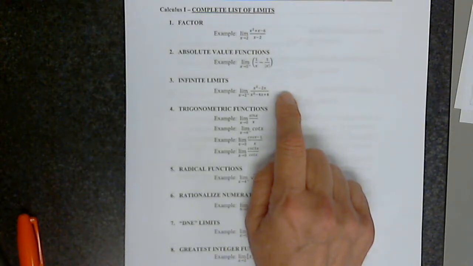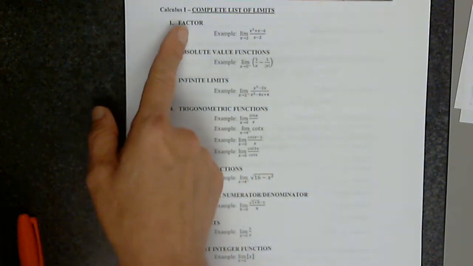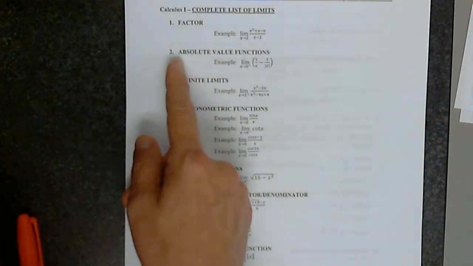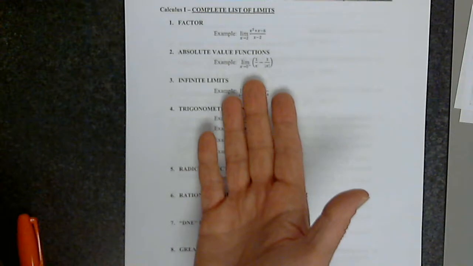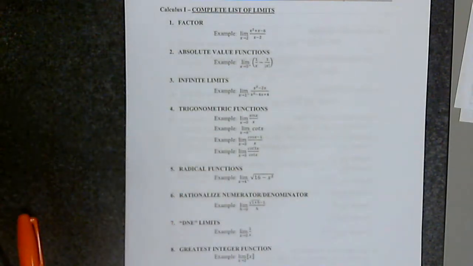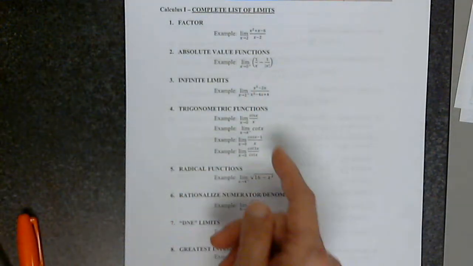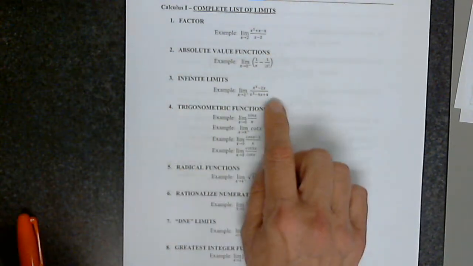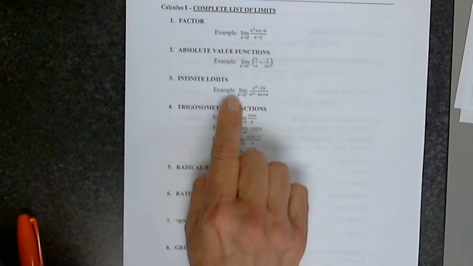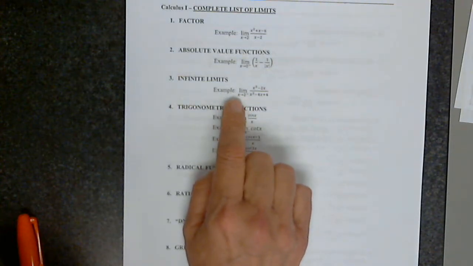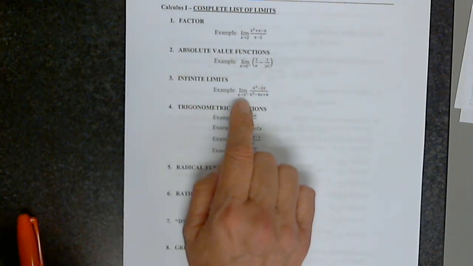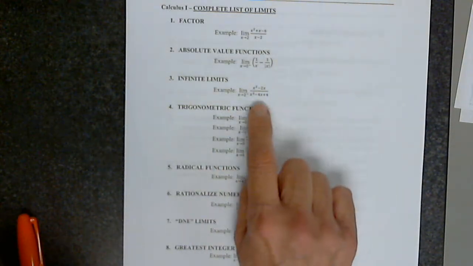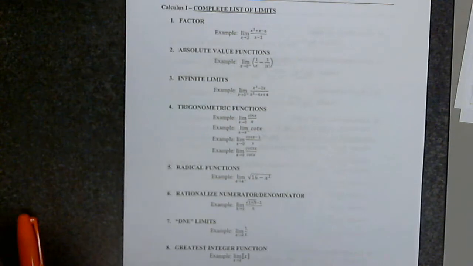Or a vertical asymptote. So this is just factoring a limit, the top and bottom in a limit. Here is just looking at absolute values, I would say at least two options, right? Because the absolute value has two options, the function will have two options. Here, when the answer is infinity, when x approaches 2 from one side, or from the other, or from both sides, and the answer is infinity, of course we know that x equals 2 will be a vertical asymptote.